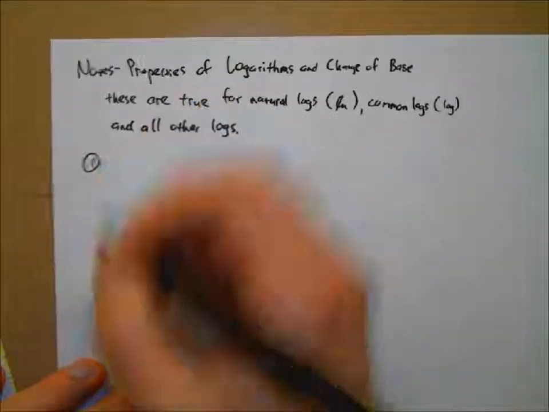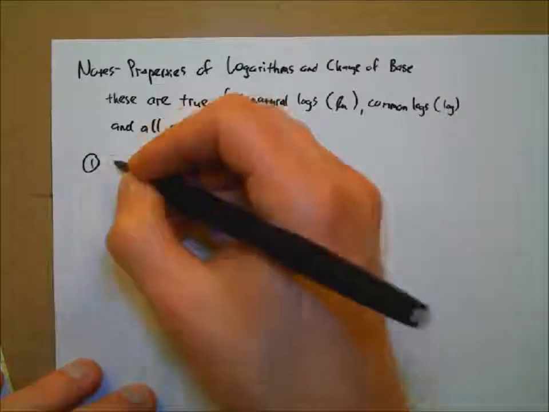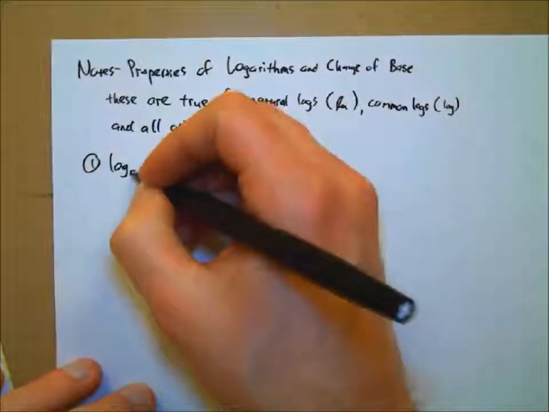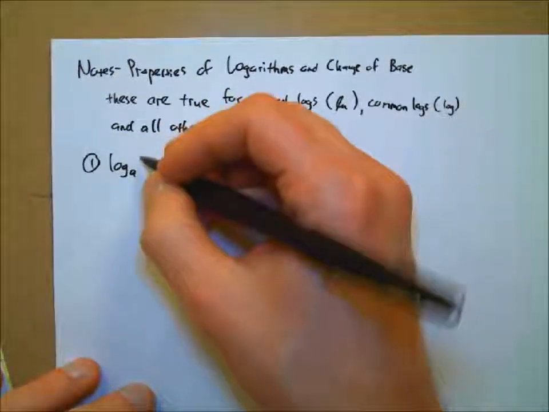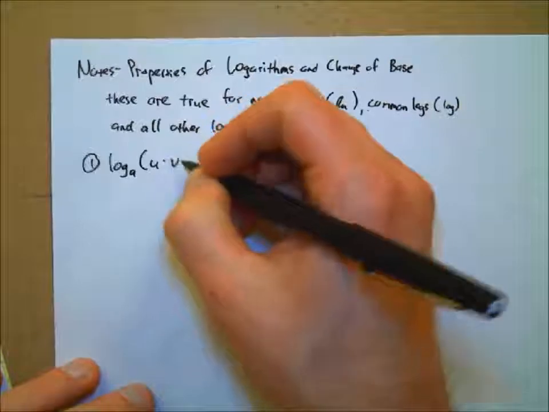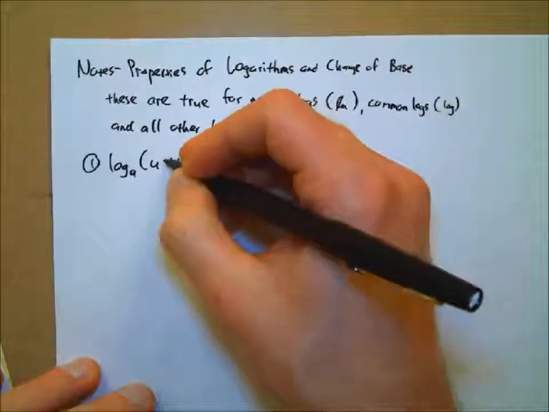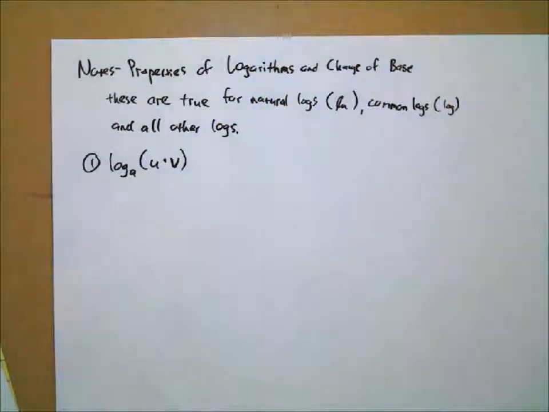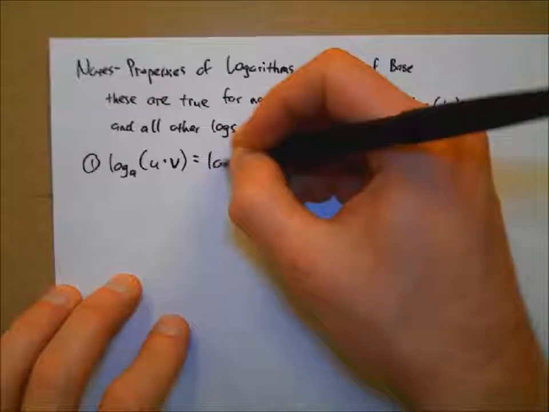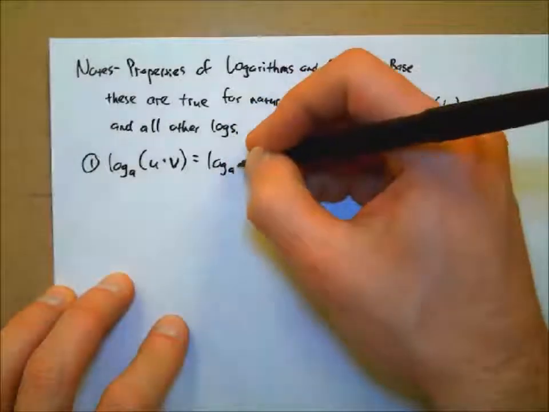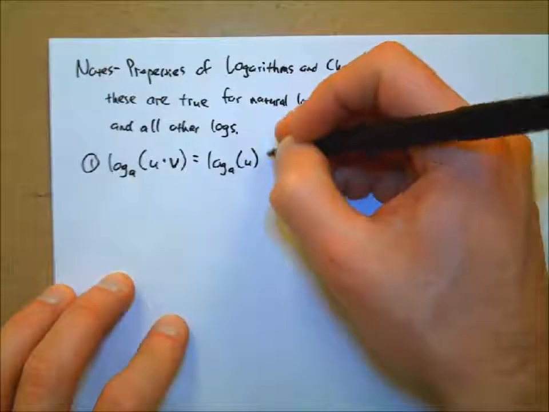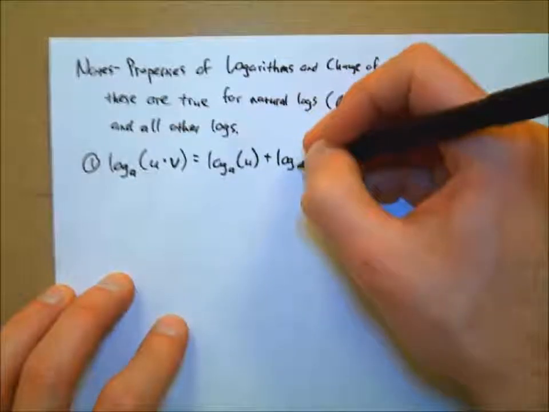Okay, so the first property we're going to look at: log base a of u times v is equal to log base a of u plus log base a of v.